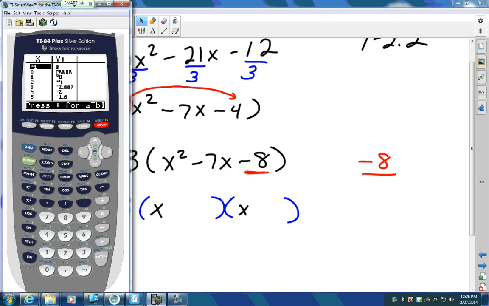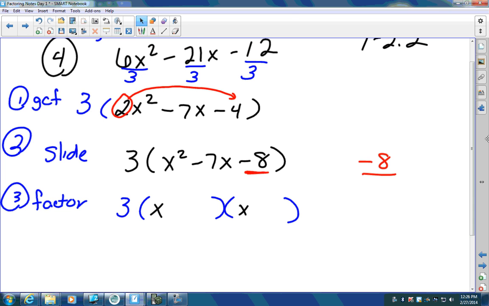What's negative 1 plus 8? Positive 7. What about if I go down here and it's 1 plus negative 8? 1 and negative 8, when you add them together, what do you get? Negative 7. So now I'm going to use these factors right here.